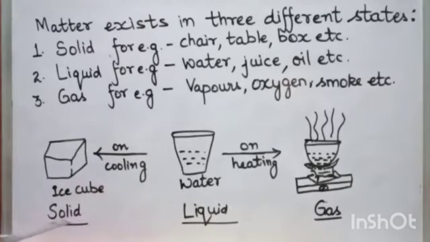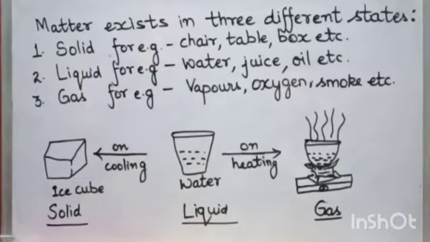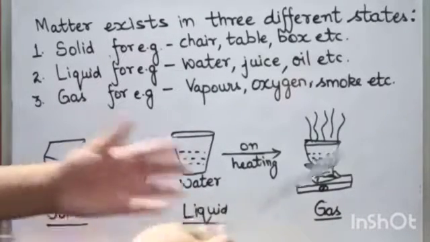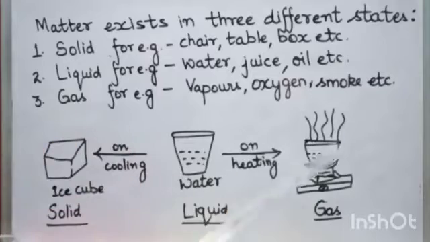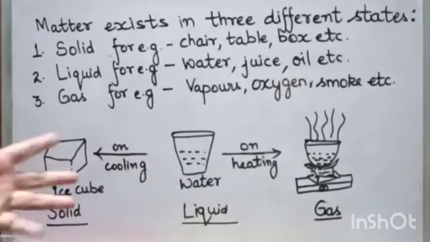Ice cube is solid. And when we put the same water on heat, then it changes its form, it changes into vapors, and vapors are gases. So this is how states of matter can interchange.